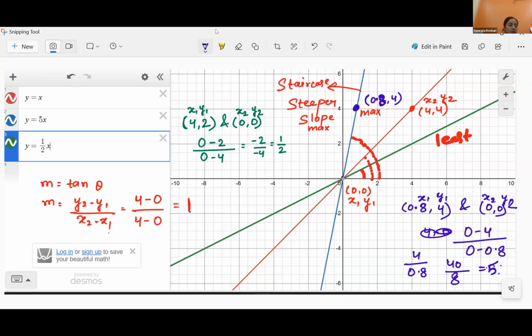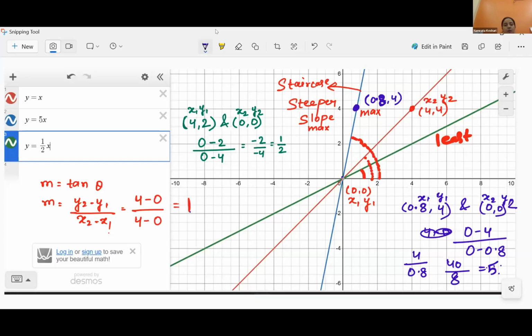Today we will check the angle between two lines.